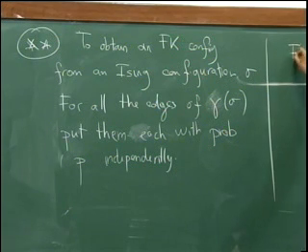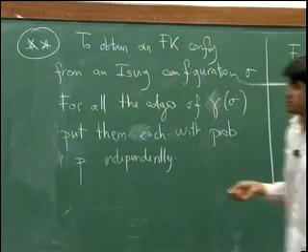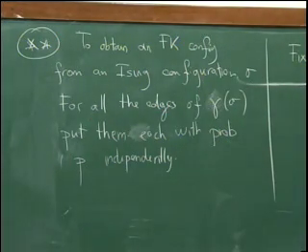You fix an edge configuration omega, and you look at the same thing: the probability to get omega from an Ising sample where I have added these edges.